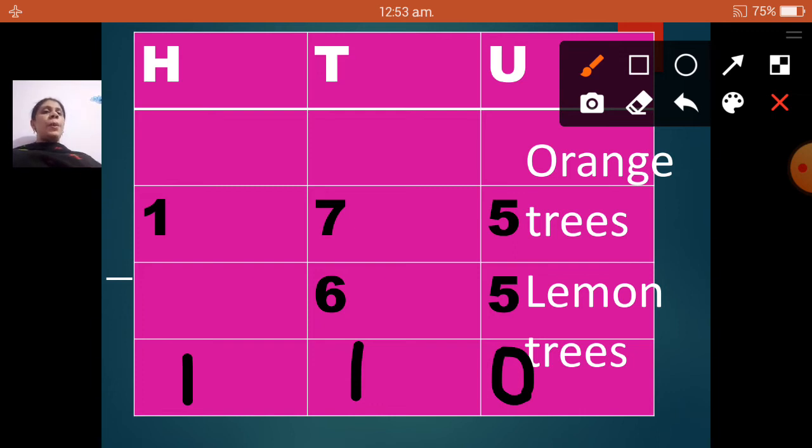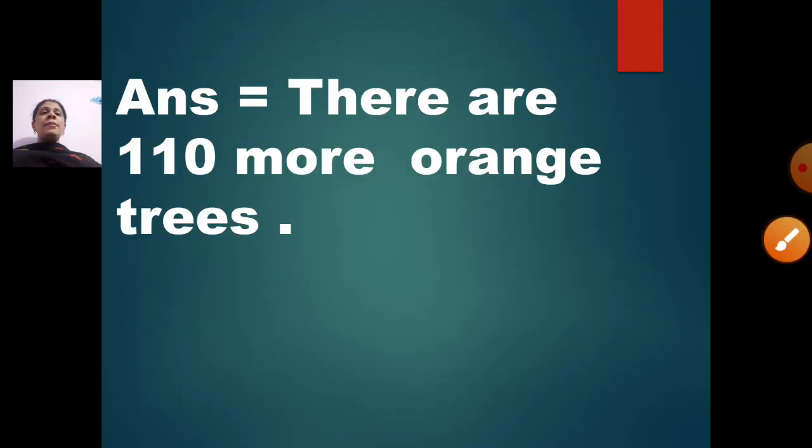So 1 minus 0 will be 1. So what is the answer? When we subtract 175 minus 65, what answer do we get? We get 110. And how are we going to write our answer? There are 110 more orange trees.